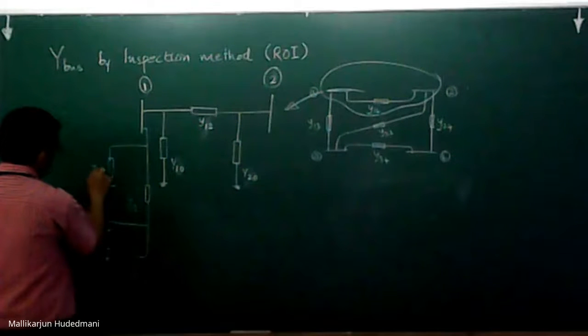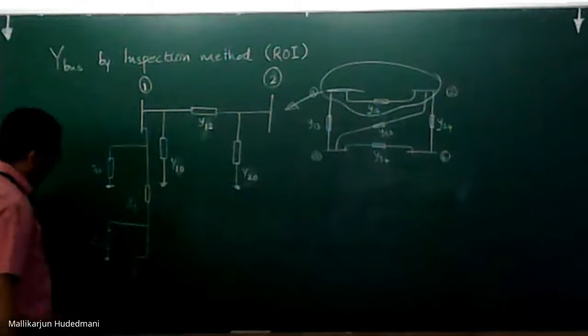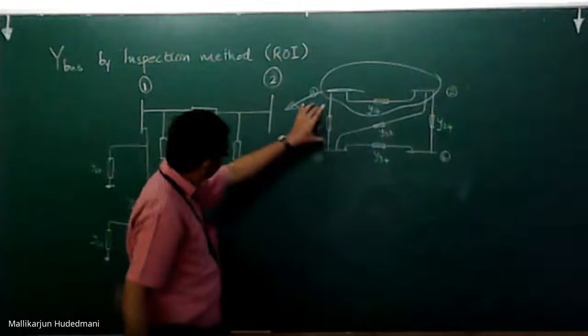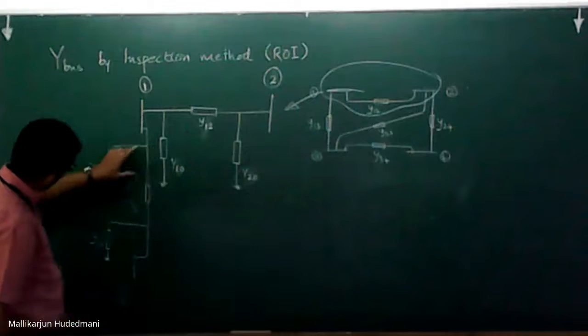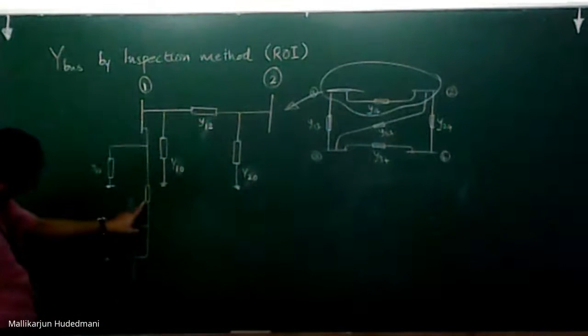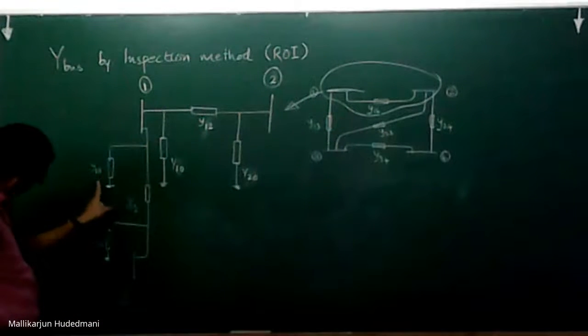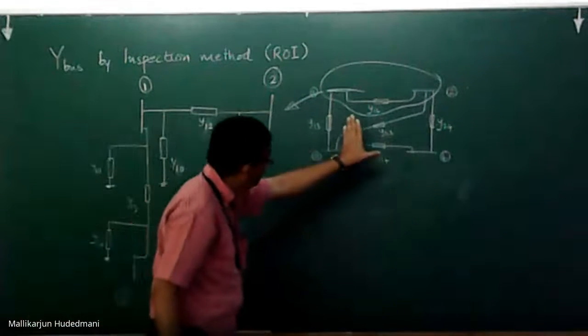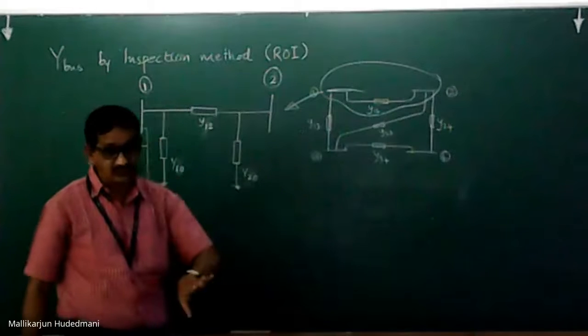This is y10 like this. This is bus number 3. Can you imagine? Y13 is now treated as pi model. Pi means a horizontal Y13, 1 to ground, 3 to ground. Like this, I can have any number of lines which are there in the system.